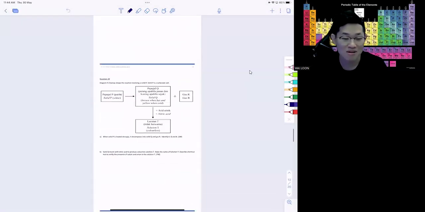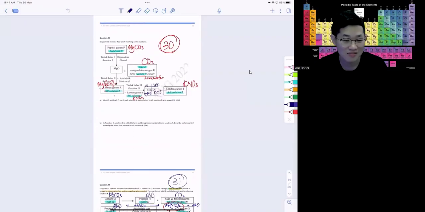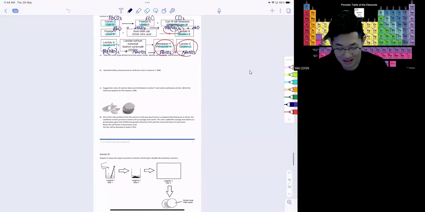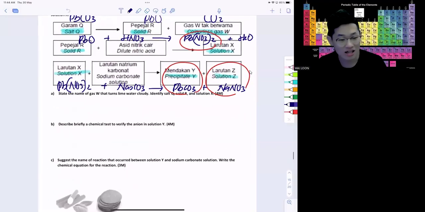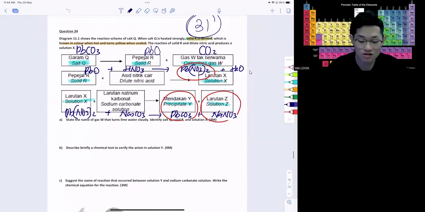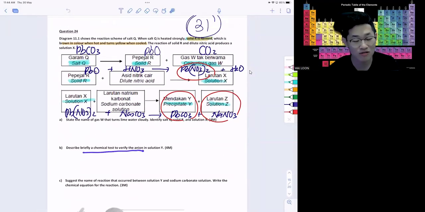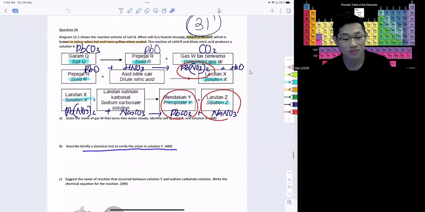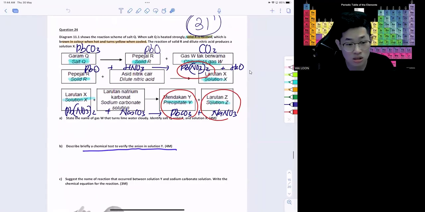I show you a sample question first. So it's like the one we did just now. Describe a chemical test to verify the anion in the solution Y. Where is solution Y?